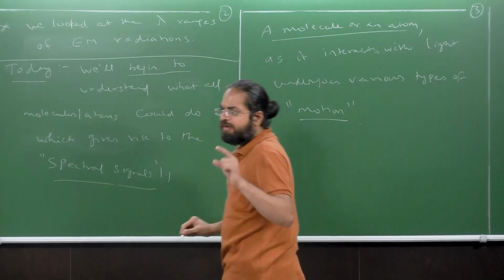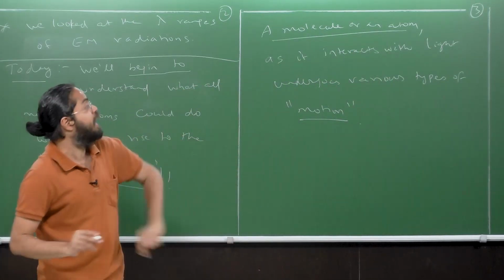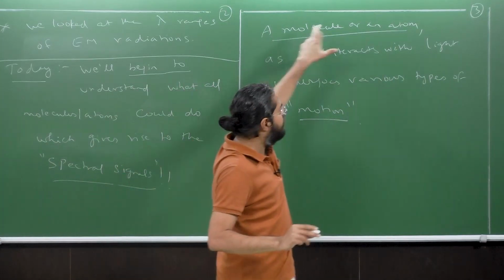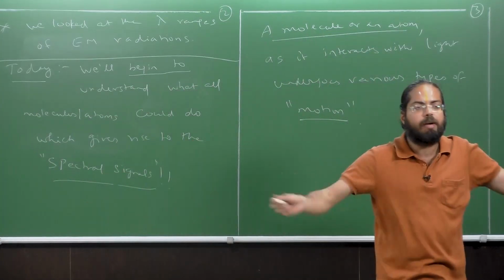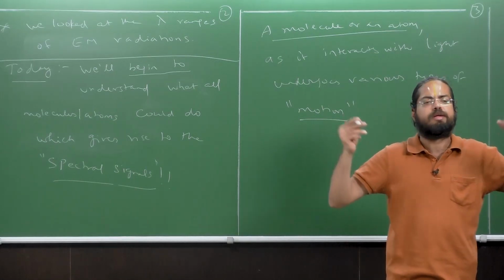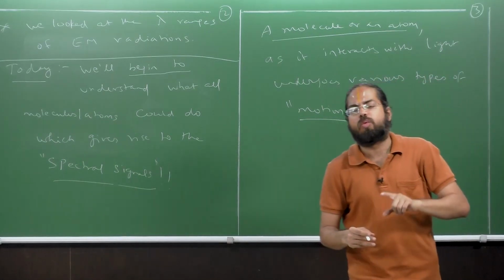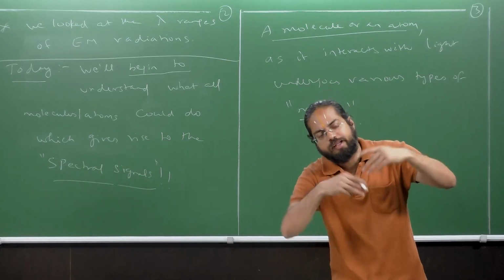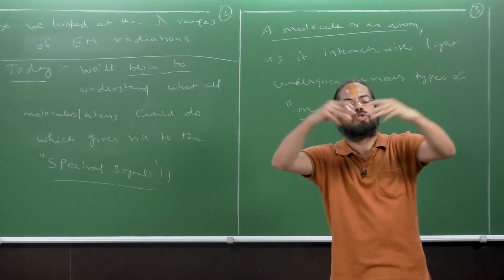Now notice that I have used the phrase a molecule or an atom. The same idea is also applicable to a bunch of molecules and atoms. But to begin with, to keep the discussion simple, let's first understand what happens to one molecule, and then subsequently we'll understand what happens to a bunch of them put together.